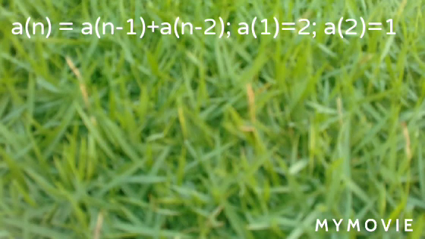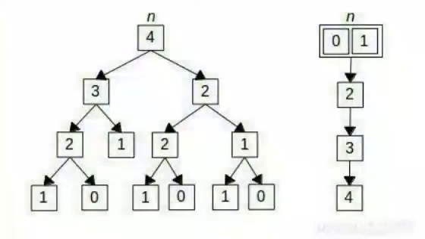For this type of relation, the iterative is faster because the recursive Fibonacci is calling itself twice. To understand what I mean, let's take a look at this example. The one you can see on the left is a recursive function that calls itself twice.